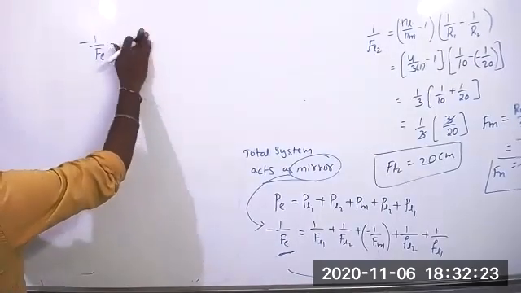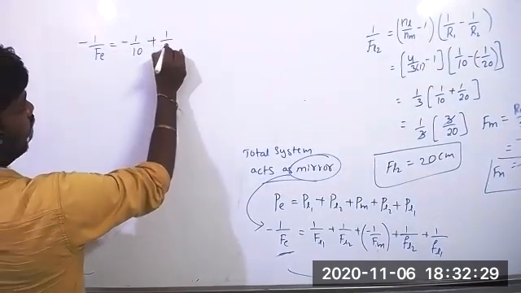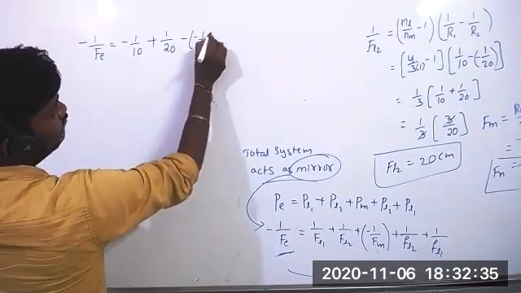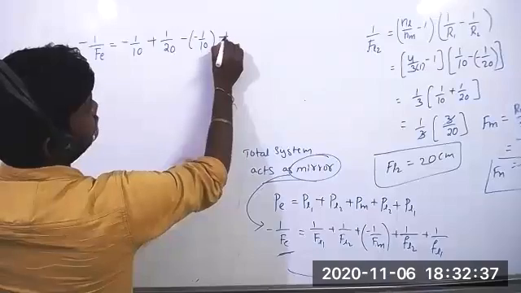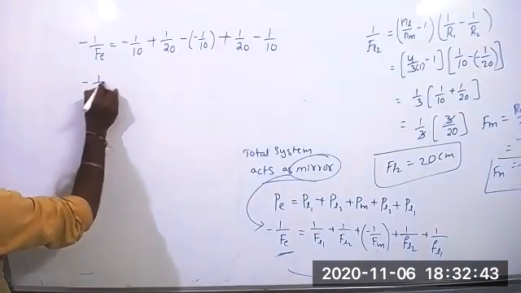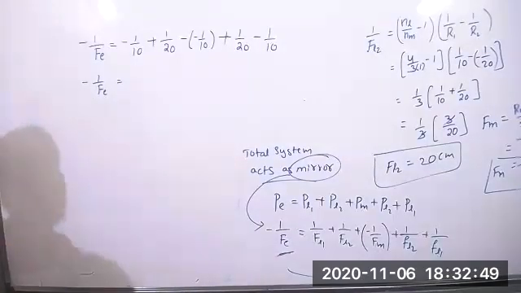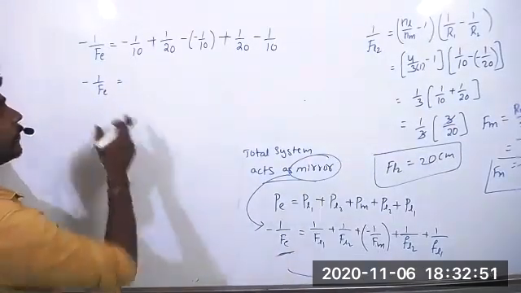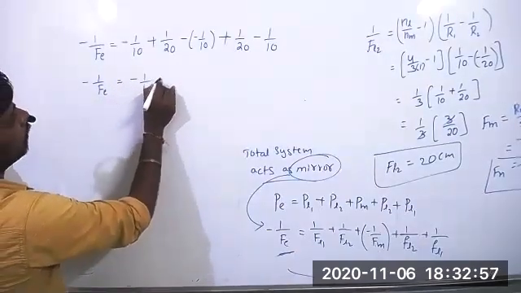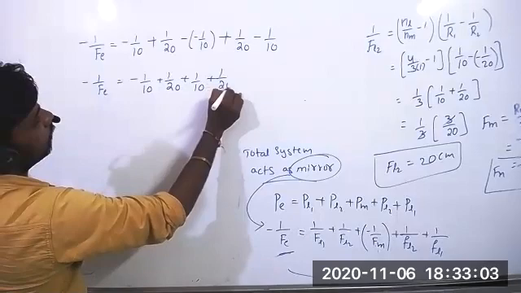Minus 1 by 10, plus 1 by 20, minus of minus 1 by 10, plus 1 by 20, minus 1 by 10. This value definitely we should get negative because the total system is acting like a concave mirror. If we get a negative value, that means it is correct. Let's see.